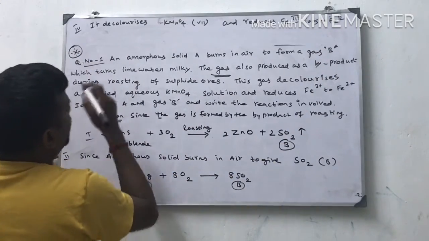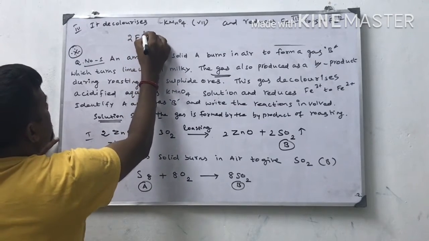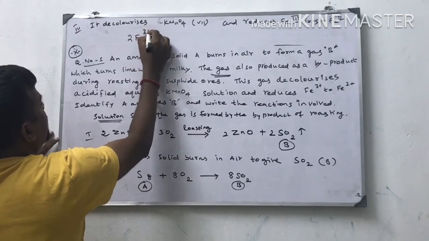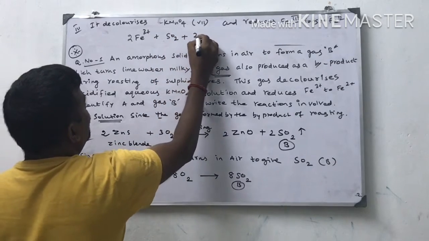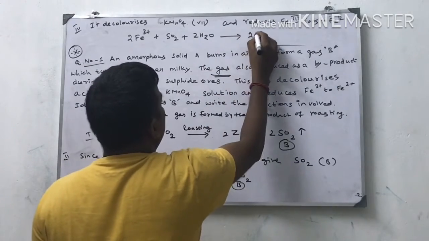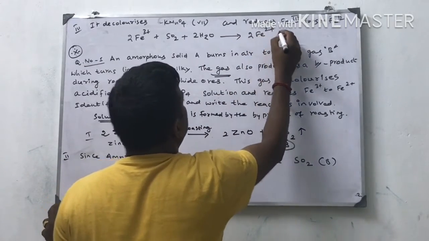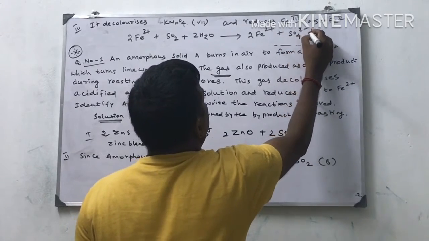The reaction: 2Fe3+ plus SO2 plus 2H2O gives 2Fe2+ plus SO4 2- plus 4H+.